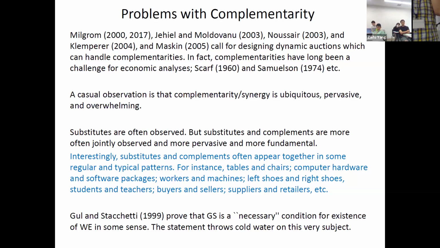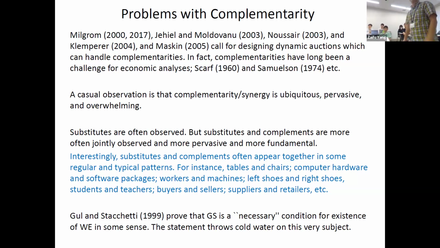There's another paper with Gul and Stacchetti. They have one little theorem saying that GS is almost a necessary condition for the existence of Walrasian equilibrium.